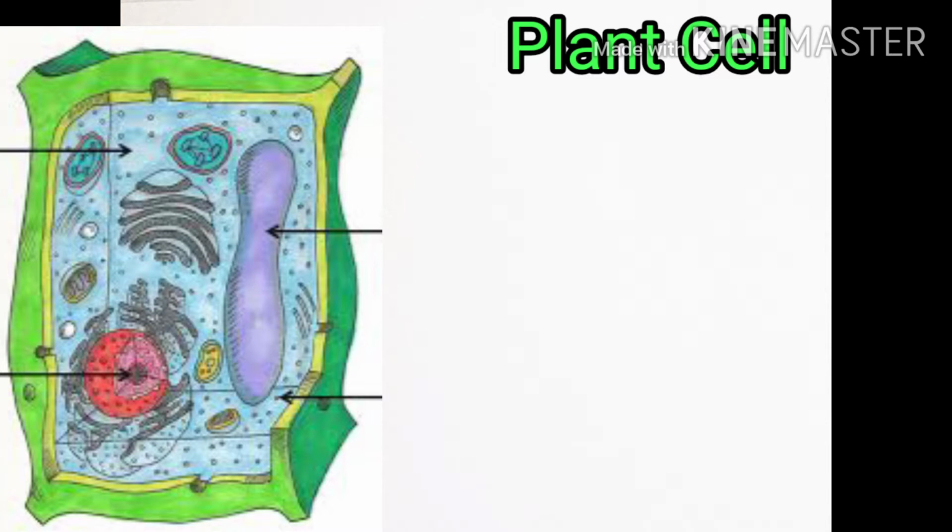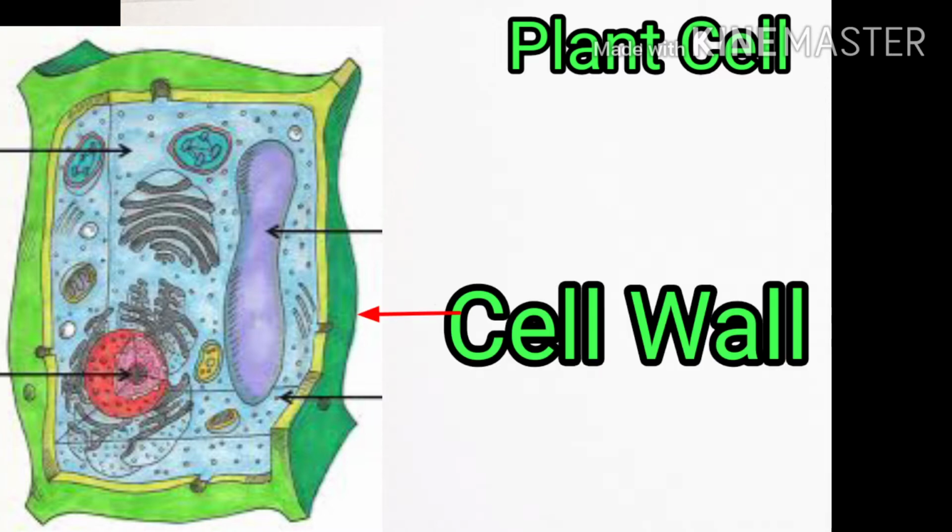First, cell wall. The cell wall of a plant cell is composed of long cellulose molecules grouped in bundles called microfibrils, which in turn are twisted into rope-like microfibrils. These microfibrils are embedded in a matrix of pectins and hemicellulose. In some cases, there may be a secondary cell wall.